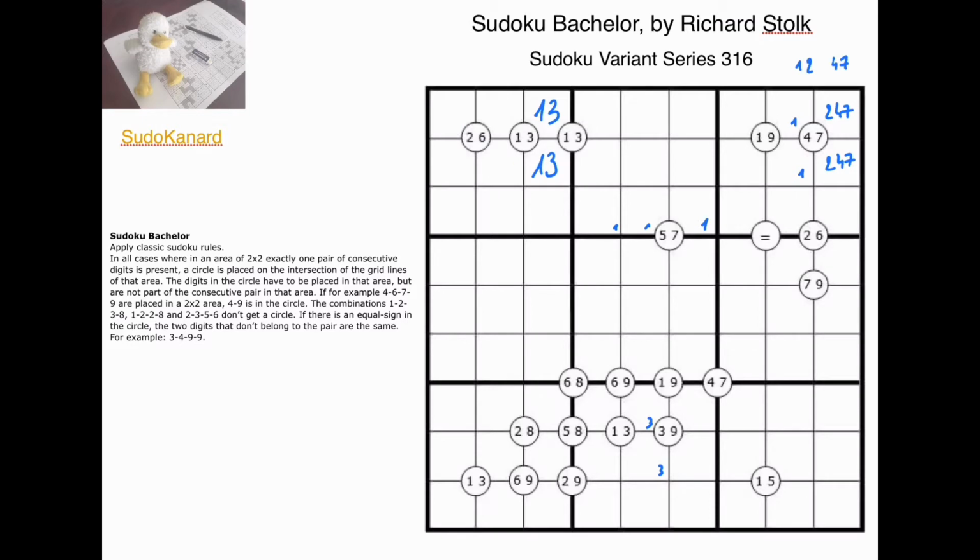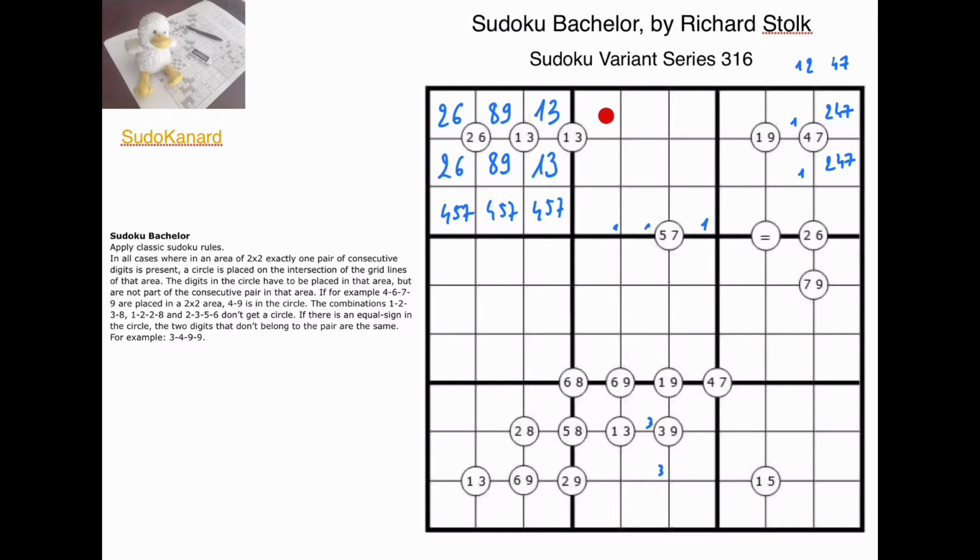And 2 and 6 are in the leftmost part. Now here we have 4, 5, and 7. And there'll be something about it, the fact that no circle appears here. But we see that later.